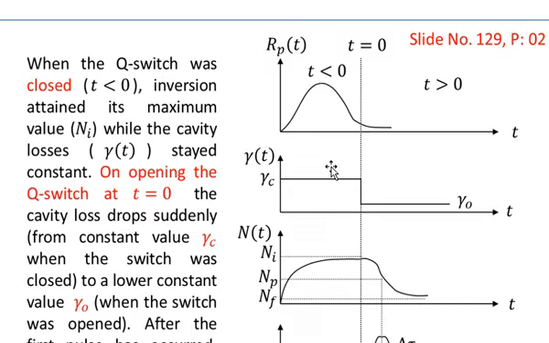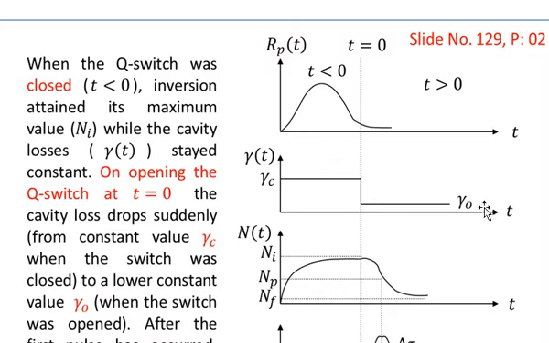So when the Q switch is in the closed form, the value of gamma C, which is the critical value of the loss, is very high. When the Q switch is set to the open state, the value of the losses suddenly falls to the value gamma naught.